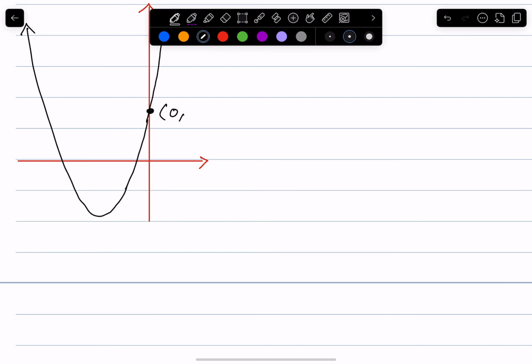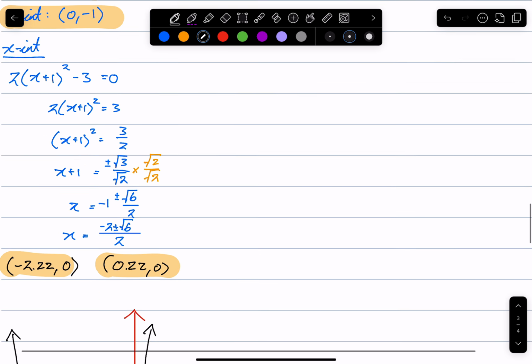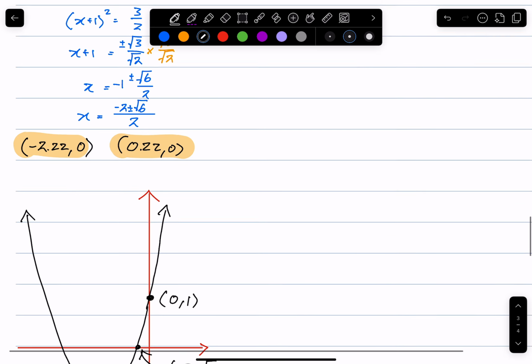This was 0, negative 1. This point here, drawing a little arrow, was negative 2 plus root 6 on 2, 0. This point here was negative 1. Sorry, it was negative 1, negative 3.